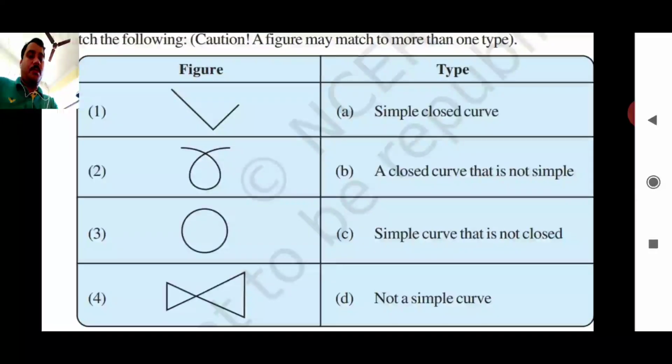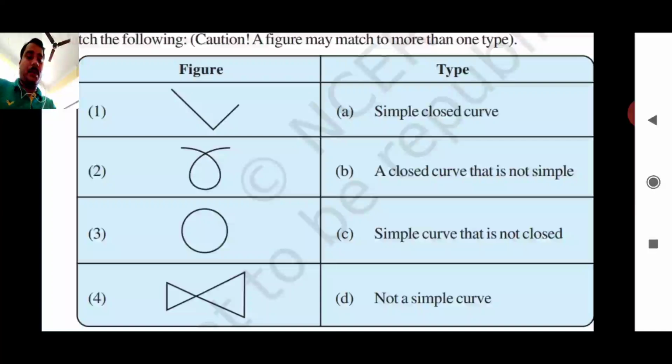Next one, here students match these. In the first figure, it is not closed, it is open, so we match it with simple curve that is not closed. First to C. Second one, it is also a curve that is not simple, so second one matches to D part.